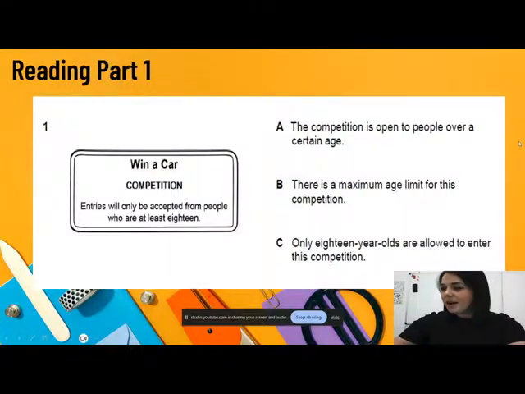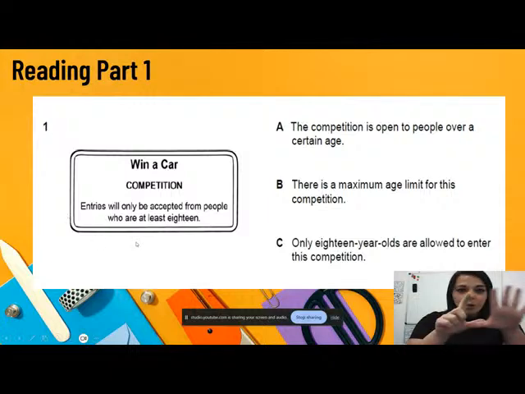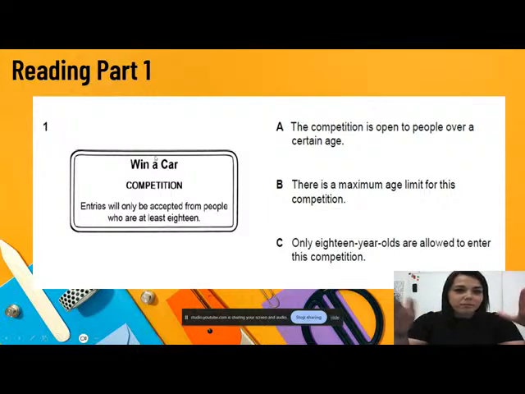All right. So one example here. Okay. So this is reading part 1, and we can see our question or a little notice on the left-hand side. Win a car competition. Entries will only be accepted from people who are at least 18.